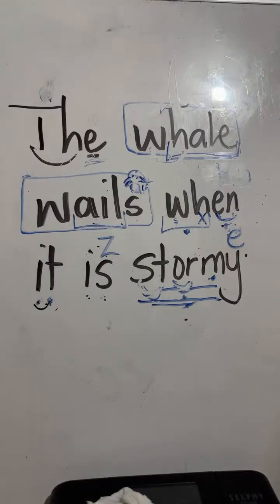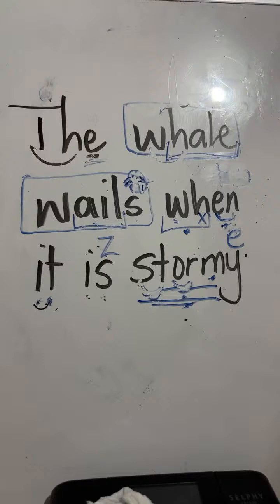Stormy would mean that you have a lot of strong winds, you would have rain, you would have thunder, and you would also have lightning. In the case of those who live in places where it snows, then they would have snow, okay? For example, if you have a snowstorm, you can also say that it is stormy.